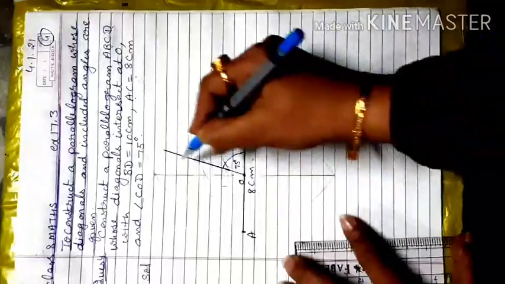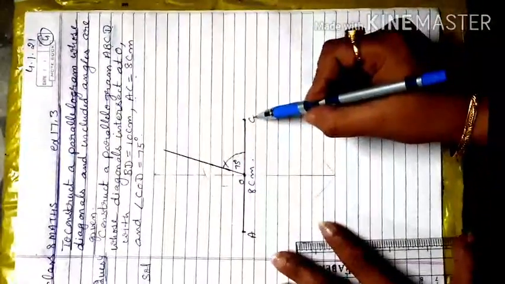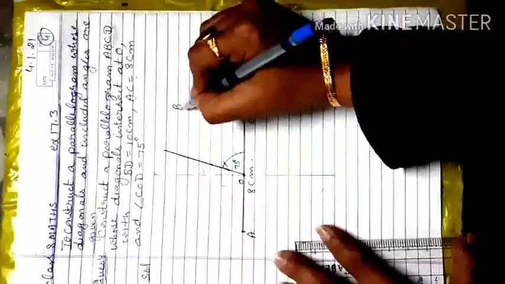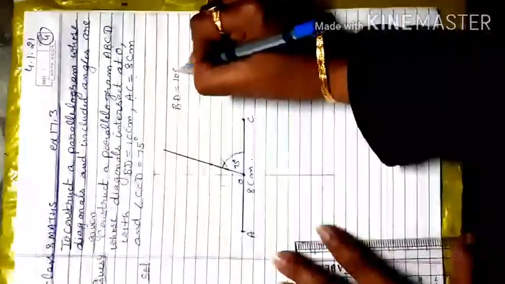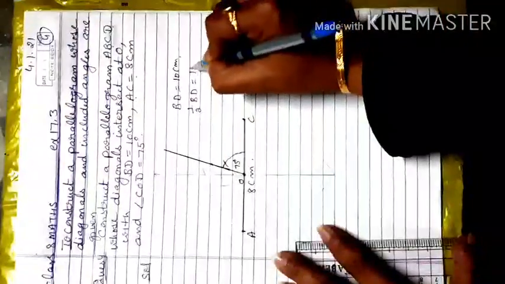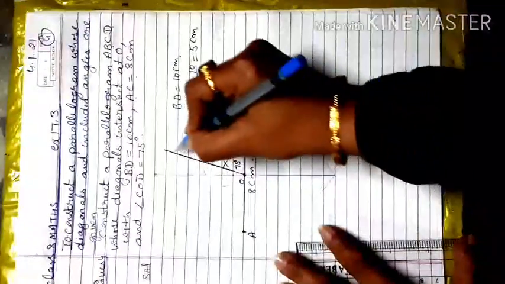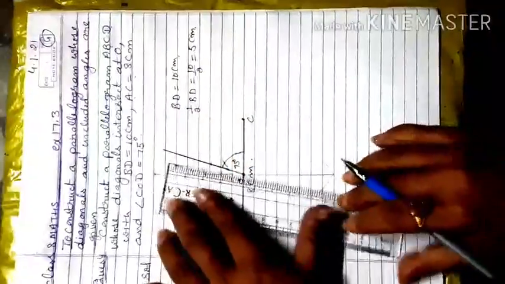If this is the position of the second diagonal, we already drew AC as 8 centimeter. The other diagonal is BD, which is 10 centimeter, and half of BD is 10 by 2, equal to 5 centimeter. That means I have to cut this line as 5 centimeter.